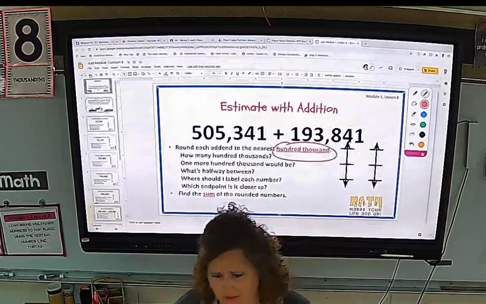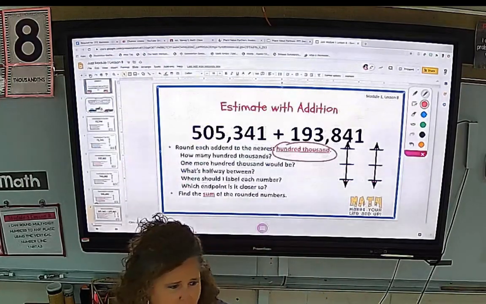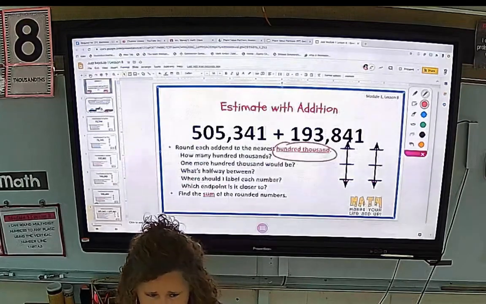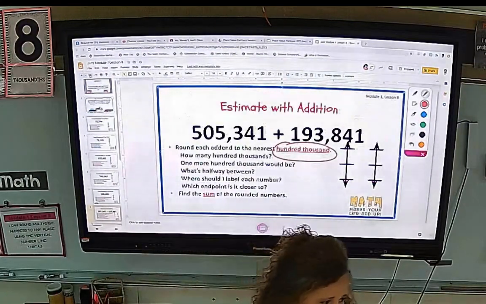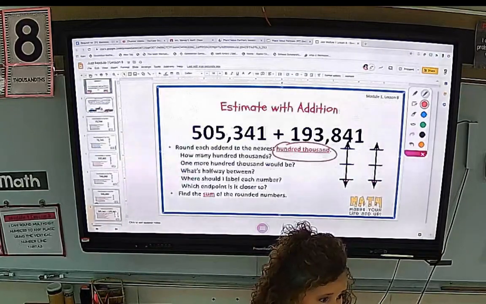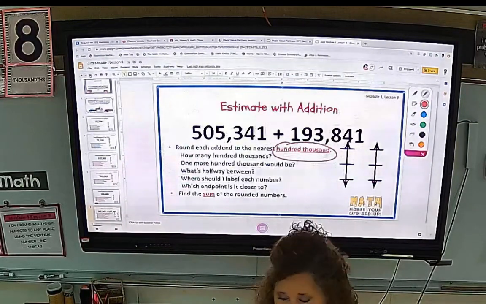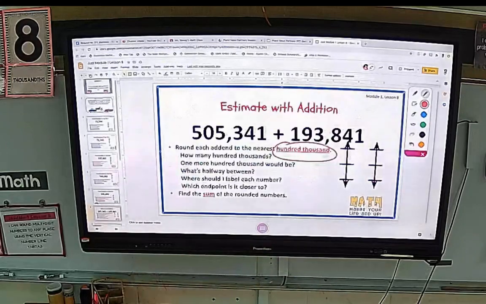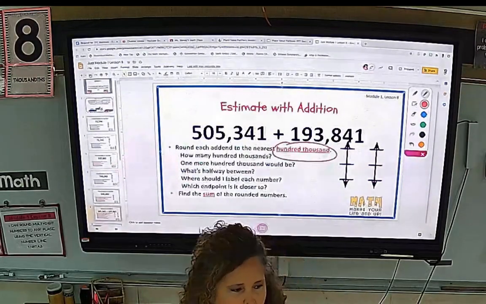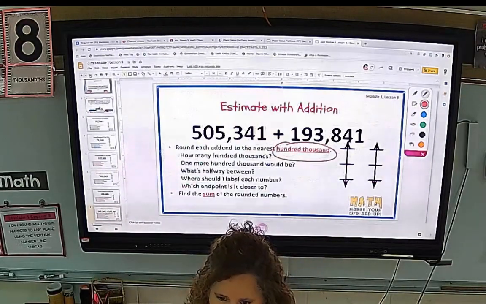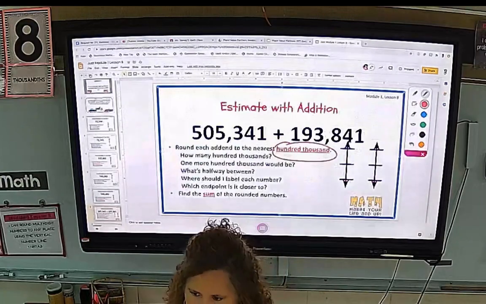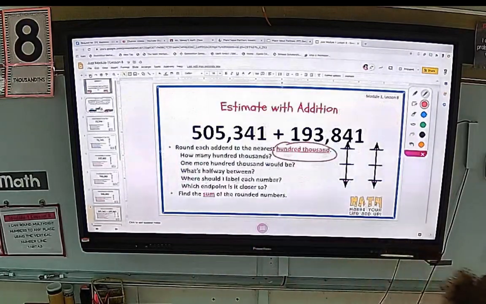There was like 300,000 people that came to see the football game Sunday, and then 500,000 came on Monday night. Did they really mean it was exactly 300,000 or exactly 500,000? No, because that's a lot to count. They were saying about that much. So about how many people watch those two football games all together? I would take this rounded number and this rounded number and put them together.